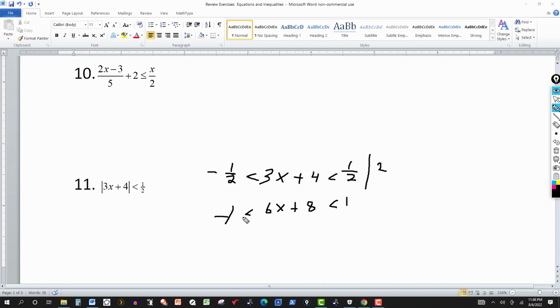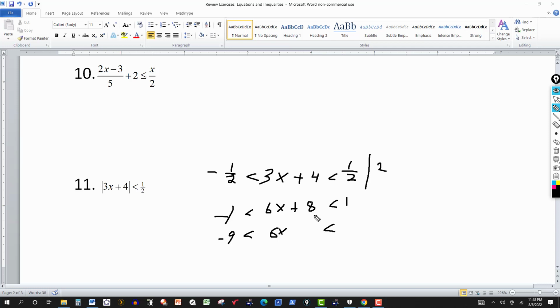And then I just isolate the x. It falls right in the middle of these two expressions here, the -1 and the 1. So adding -8 all the way across will give me -8 and -1 is a -9, less than 6x. -8 and 8 is 0.